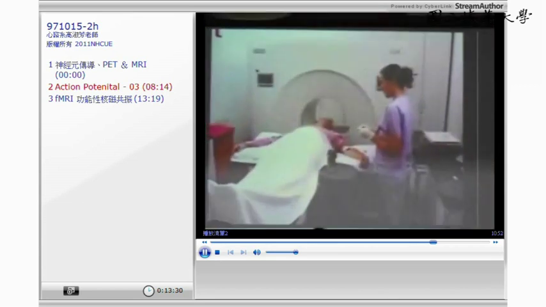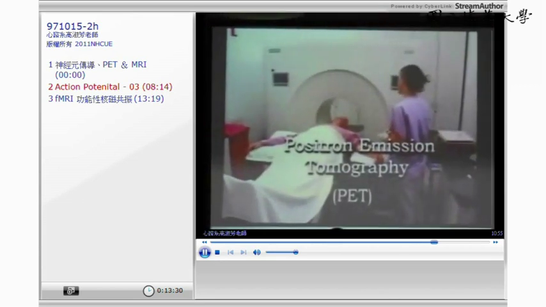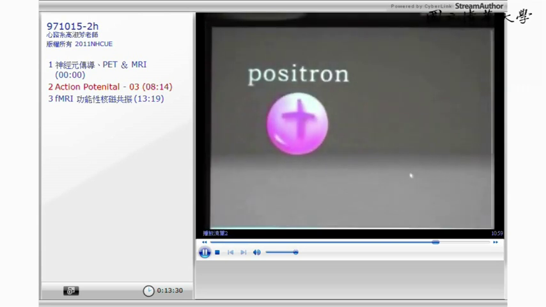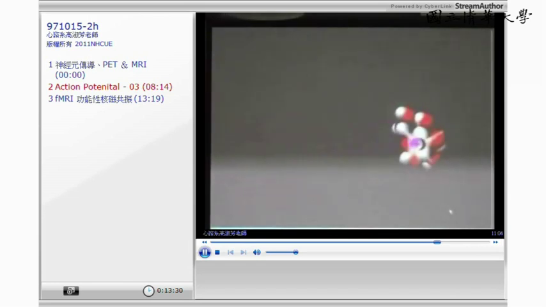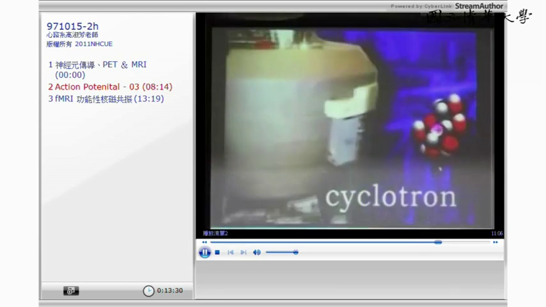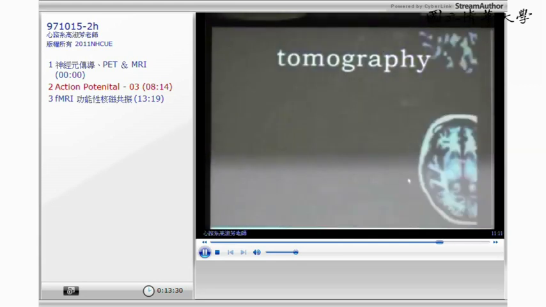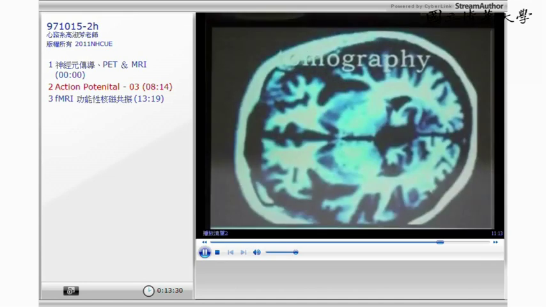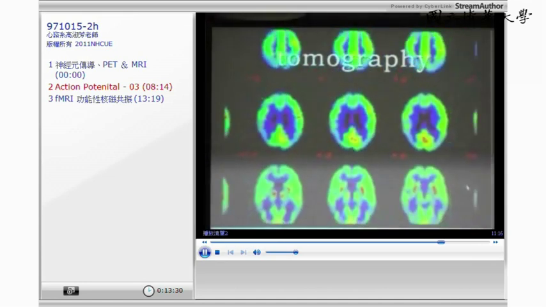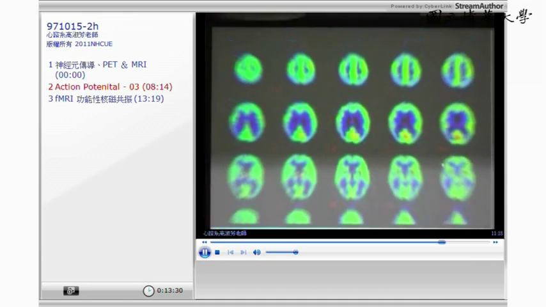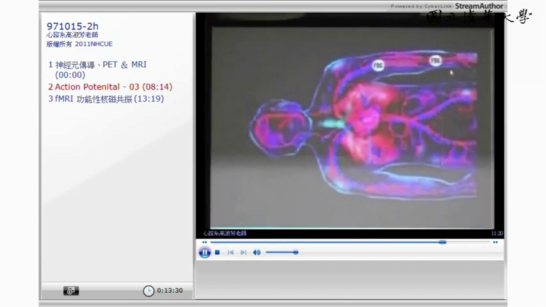ERP is a kind of physiological feedback, using electrodes to measure things like heart rate, blood pressure, and breathing. This is PET, positron emission tomography, which uses a nuclear accelerator. Tomography refers to making a picture or tomograph of specific slices. The blood carries the radioactive glucose throughout the body and into the brain.